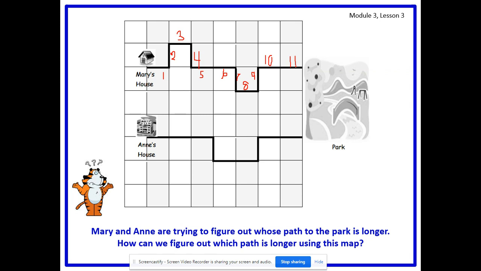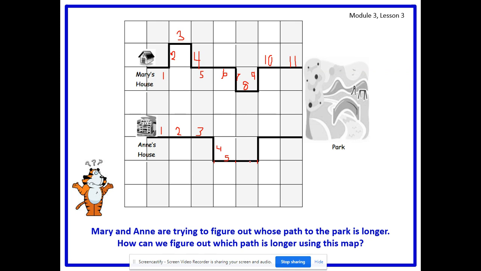Now, we're going to count Anne's path to the park. From Anne's house to the park. Let's count. From here to here is 1. Here to here, 2. Here to here, 3. Here to here, 4. Then we have from here to here is 5.